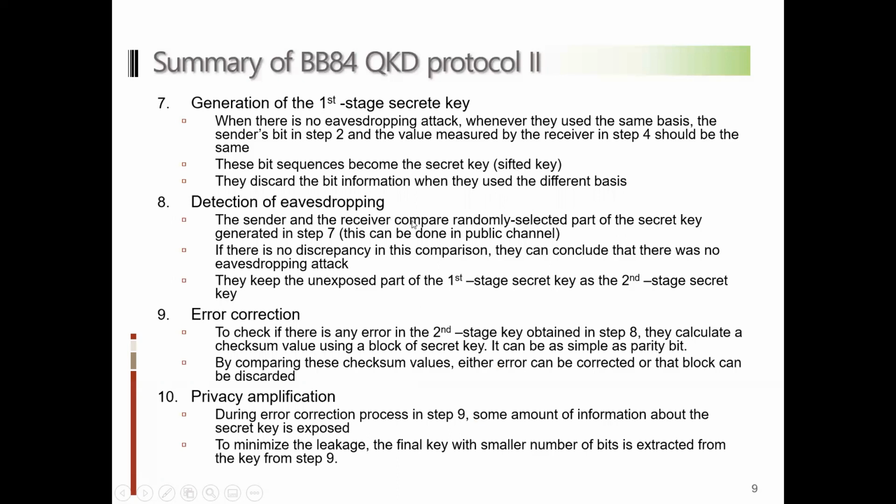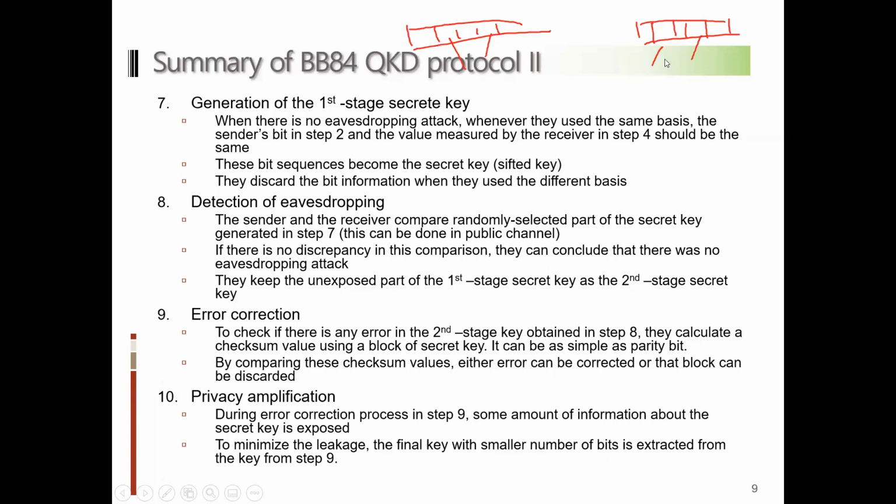As I mentioned before, if you have a very long shifted key, Alice might have some value and Bob might have some value. They will randomly choose, for example, the second and then fourth bit, and compare each bit.